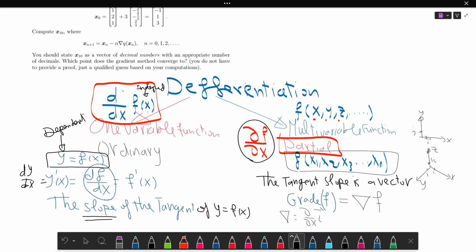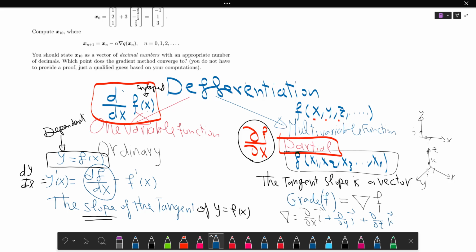So here, if we have many variables, we say partial by partial x1 in the direction of i. Let's go for 2 variables just to make it easy for you, right? If we are in 2 variables, plus partial by partial y in the direction of j. If you are in 3 variables, you have another variable z in the direction of k.